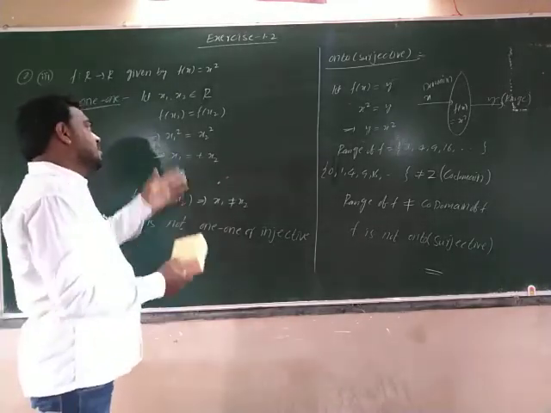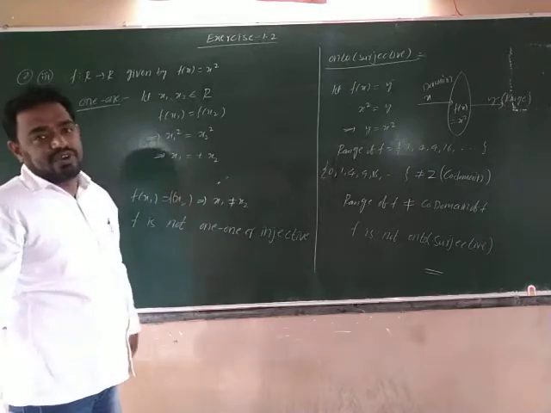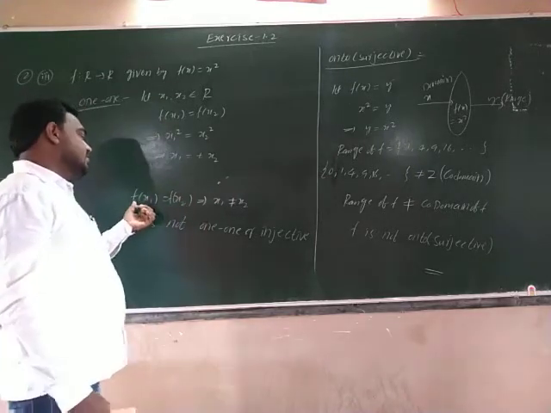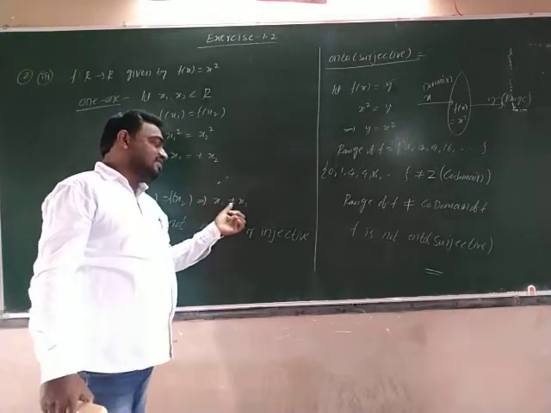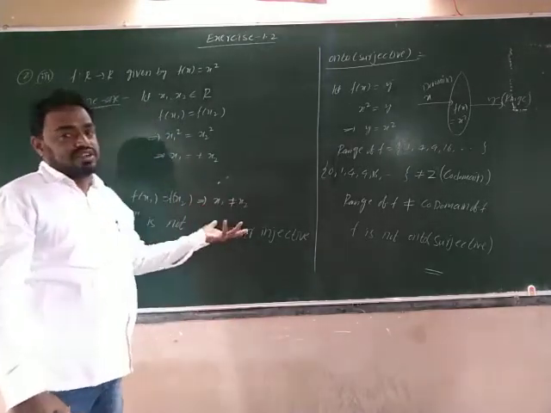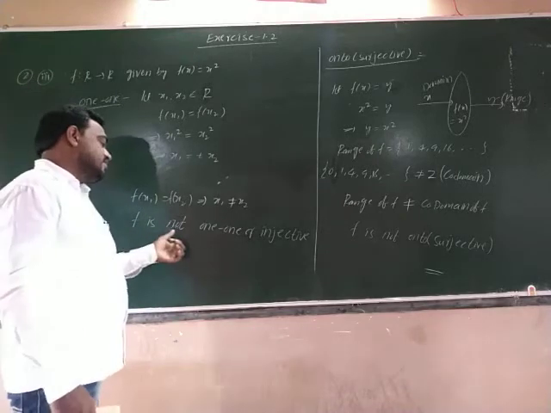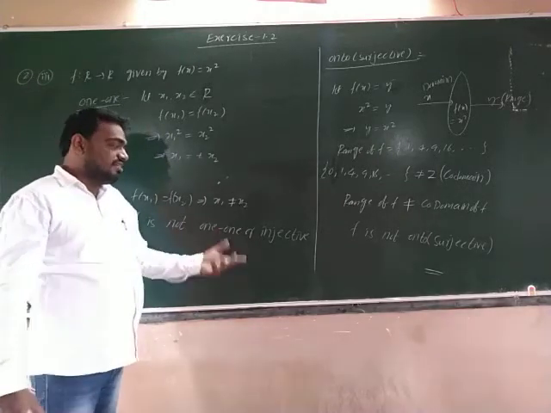That means x1 and x2 may be positive or negative, we don't know. So f of x1 equal to f of x2 implies that x1 need not be equal to x2. Therefore f is not one-one or injective.